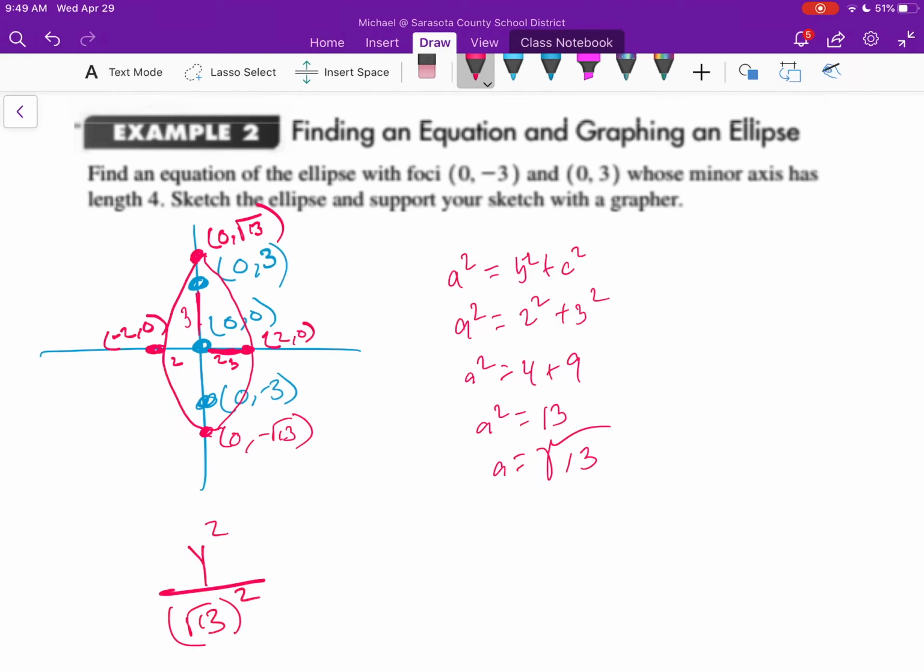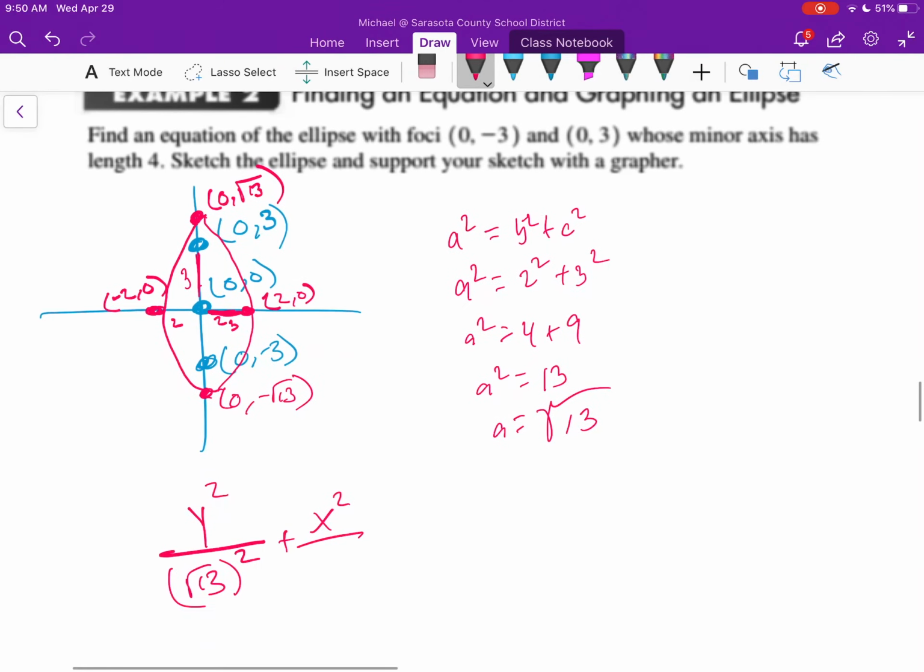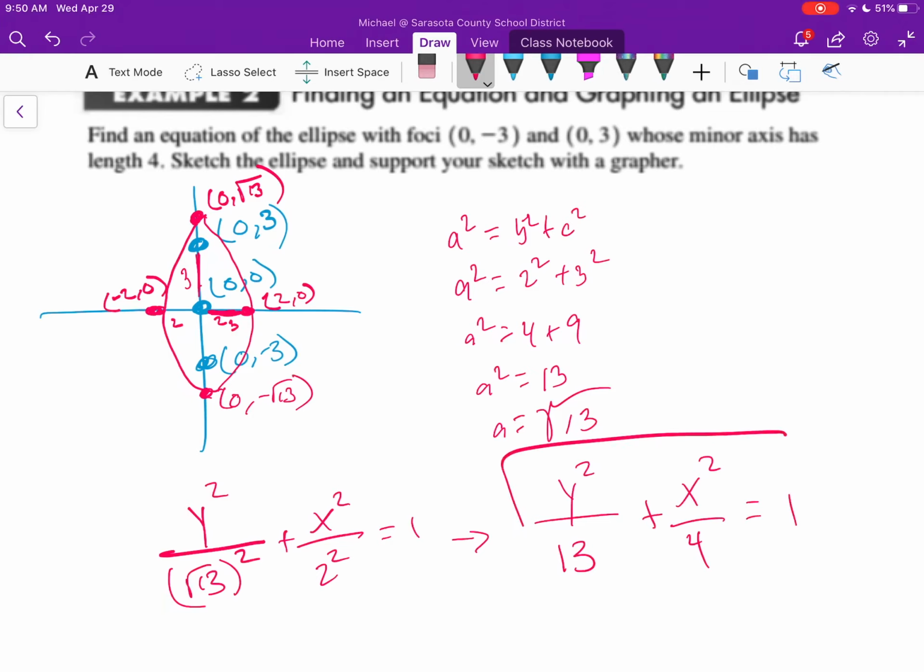So you get y squared over the square root of 13 squared, plus x squared over the smaller distance, which is the minor axis 2 squared, all set equal to 1. When you simplify, it becomes y squared over 13 plus x squared over 4 equals 1. So this is the standard form of your equation.